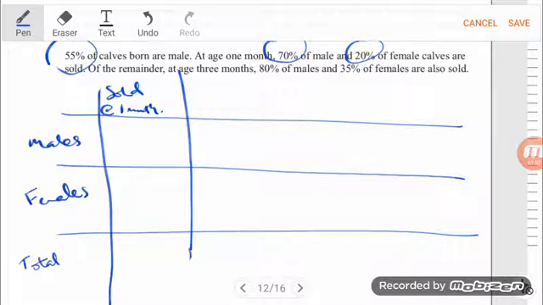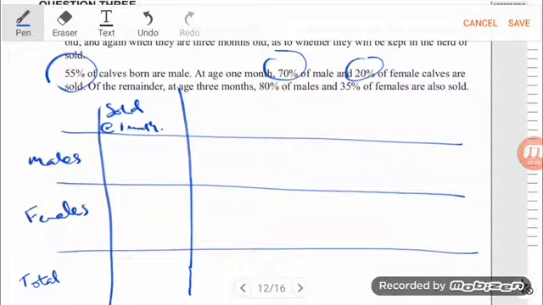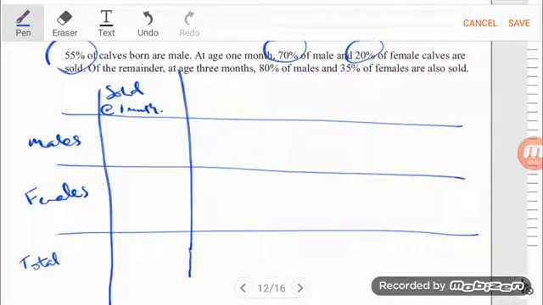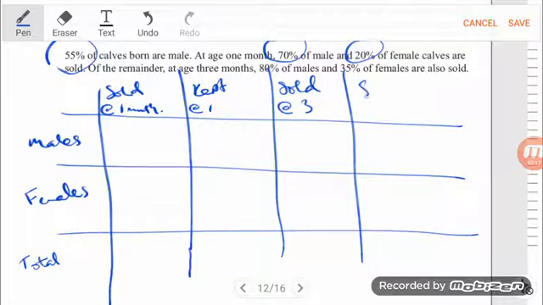Okay, so we know that we've got 70%. Actually, we'll do the calculations after, shall we? We could say kept at 1 month, sold at 3, kept at 3. We could say that.